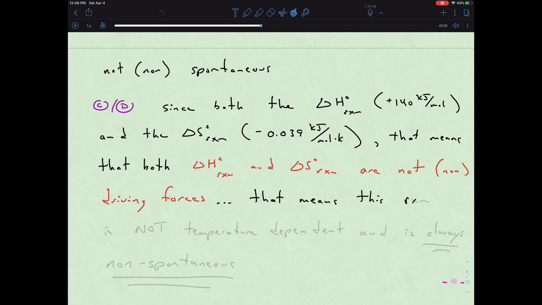That means this reaction is not temperature dependent, and basically is always non-spontaneous.